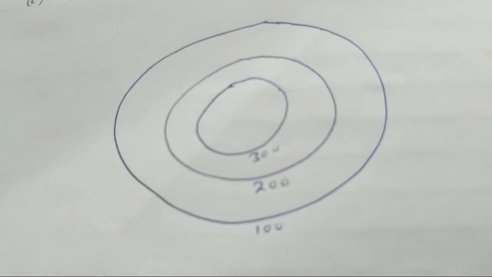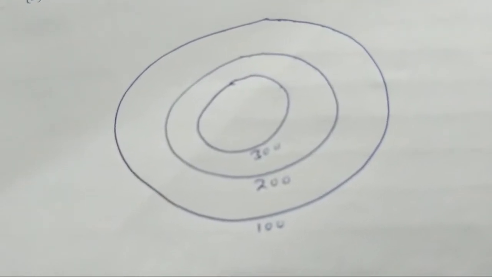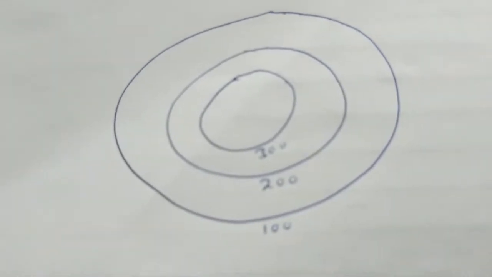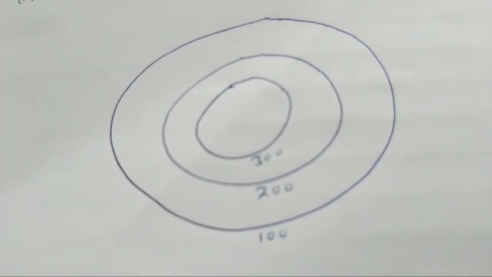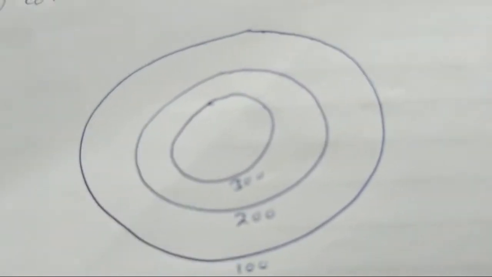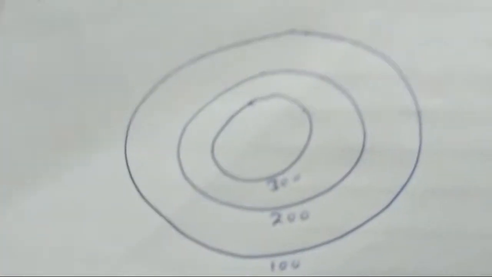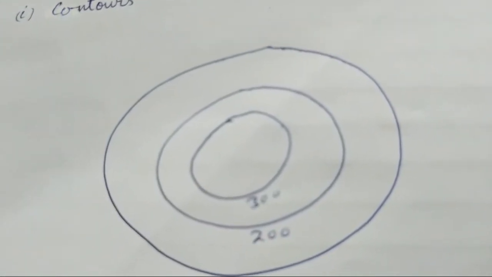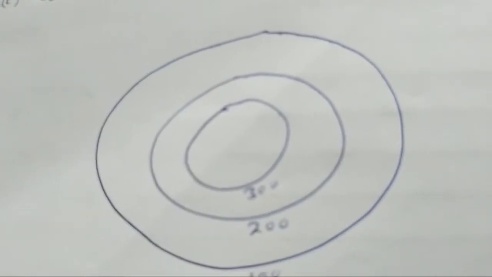Here you can find one line that is represented by 100. What do you mean by 100? It means this line joins all the places having the height of 100 meters, and another line joins all the places having the height of 200 meters.